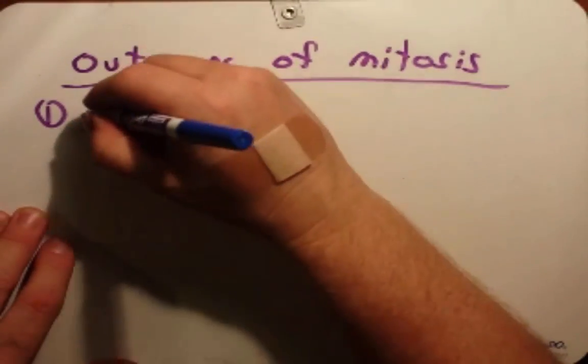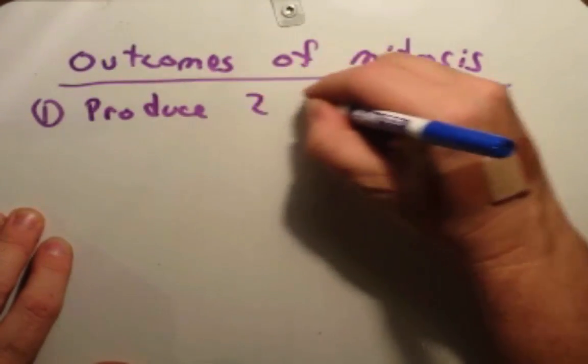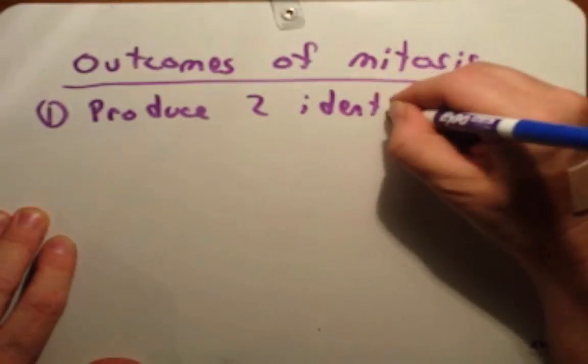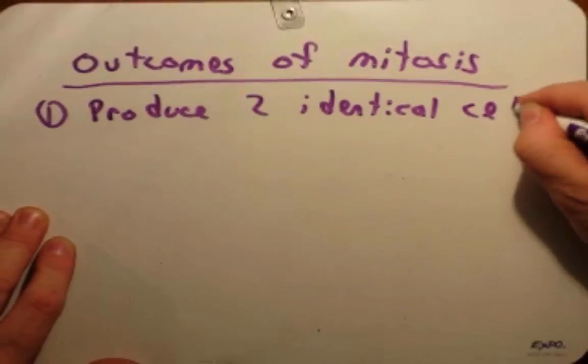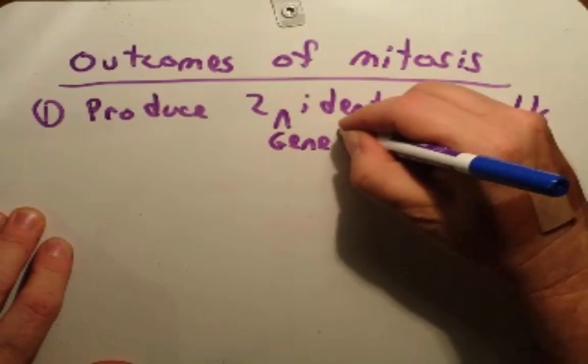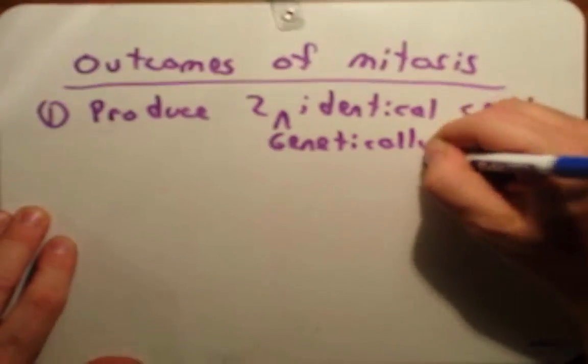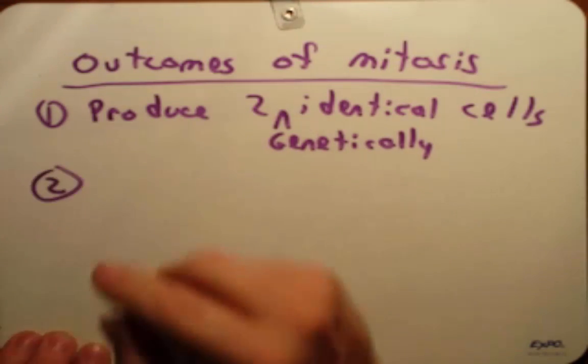One is that you produce 2 identical cells. Genetically identical cells. It's possible that, particularly during embryonic development, when you go through mitosis, the cells might end up with different functions, but genetically they're the same.